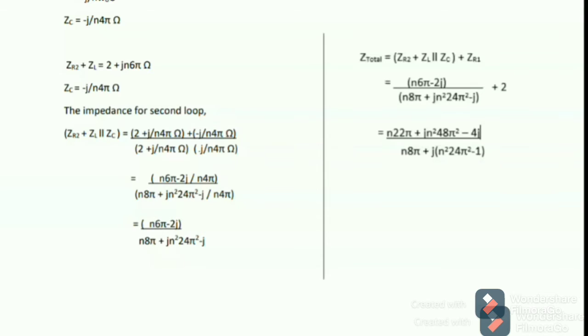The formula is ZR2 plus ZL parallel ZC plus ZR1. We solve the equation and we've got the answer n 22 pi plus j n square 48 pi square minus 4j over n 8 pi plus j bracket n square 24 pi square minus 1 bracket.